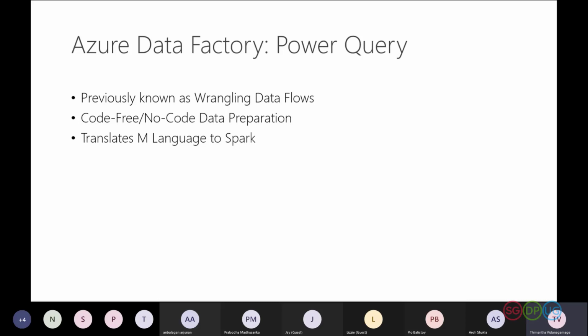So what happens is that the M language code, or the Power Query code that you see in the front end of the Power Query feature in Azure Data Factory, is converted into Spark code in the backend for optimized data processing and for handling big data workloads. That is a process that's happening in the backend of Power Query in Azure Data Factory.